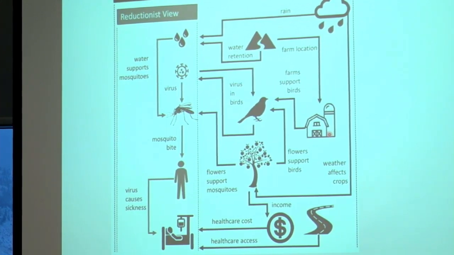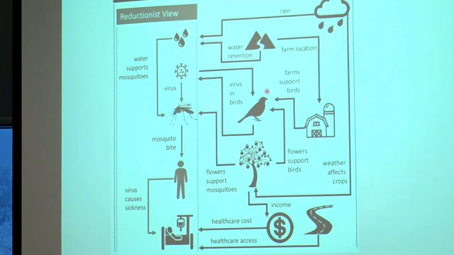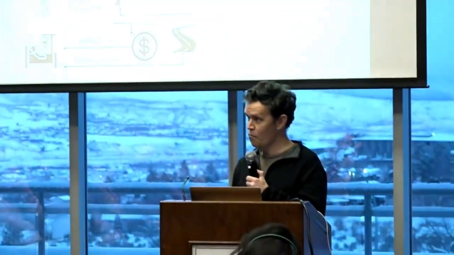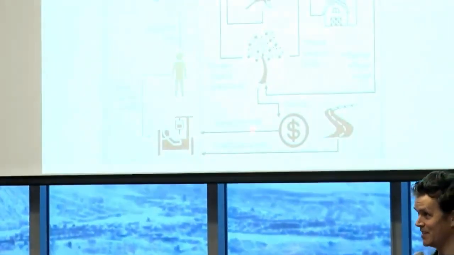Although I didn't describe it, we have lots of data to illustrate that abundances of birds and bird diversity is strongly affected by farming. So where we put our farms influences where we find wild birds in high densities, which then support the maintenance of the virus and the maintenance of the mosquito population. Those farming forces are then influencing economics, the money that streams in to support healthcare costs, and the labor force that's being exposed to these pathogens in the first place.